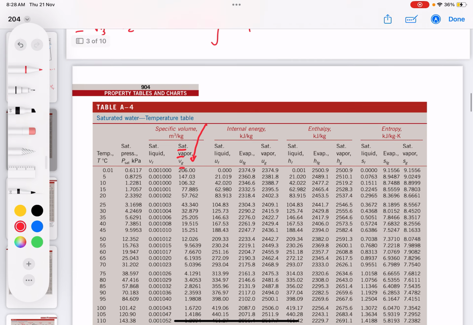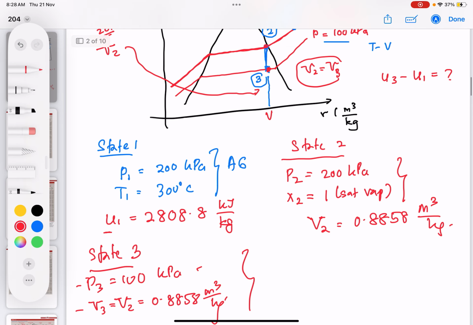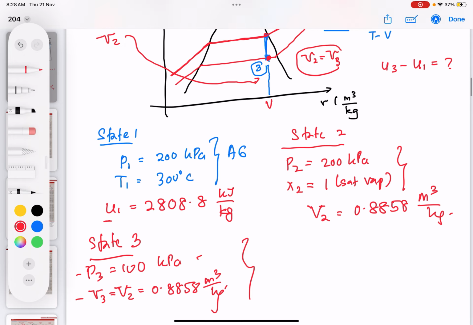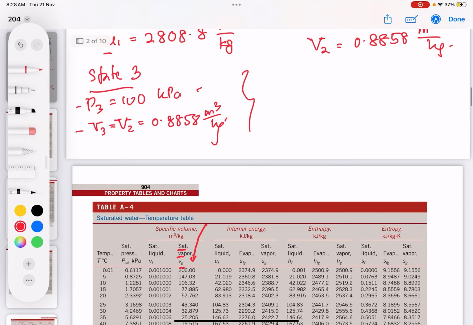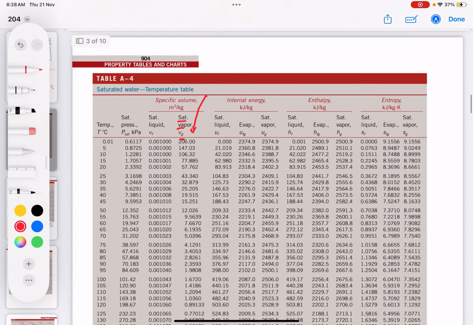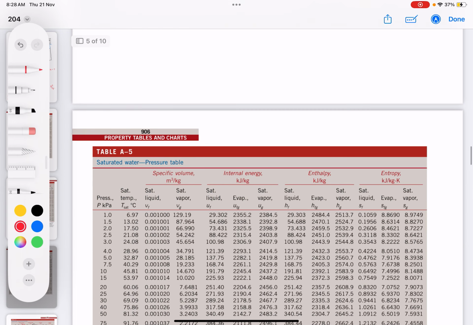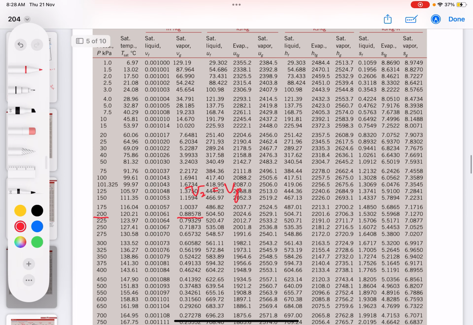So, take a look at table A5. Because obviously it was not in the superheated region, I look at the saturated table for the pressure equal to 100 kilopascal. So this is my pressure of 100 kilopascal.